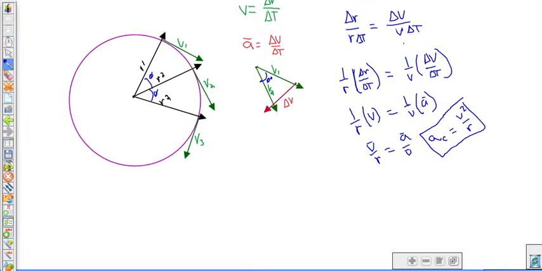All right, so let's take that one step further. How do we solve for the change in time? How do we take this equation and insert time into it?